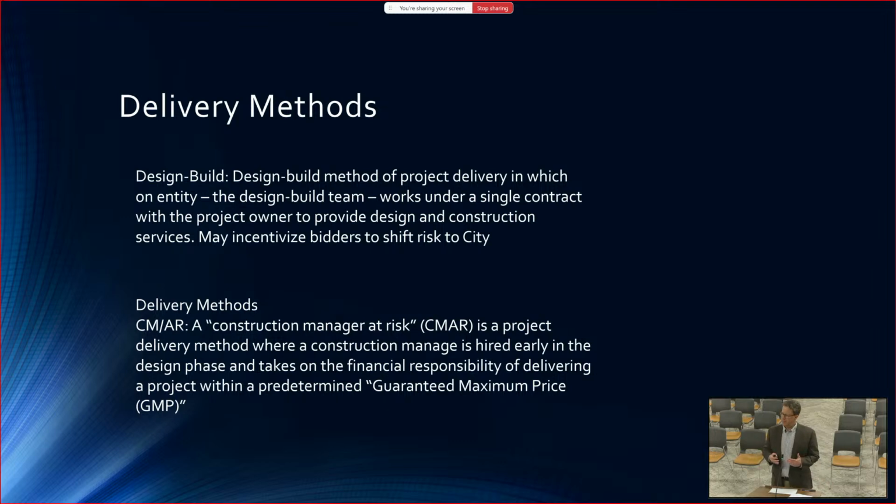It eliminates some of the risk associated with these projects, because you don't have a contractor saying there's a design problem and a designer saying there's a construction problem, and you as a city have a contract with the designer and a contract with the builder, and they're doing this kind of thing. That is an eliminated risk if we go with a design build format.